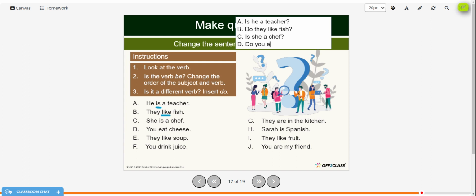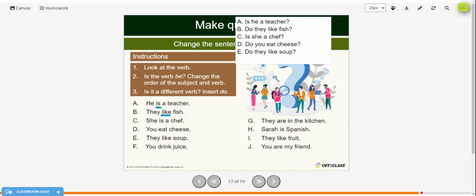Do you eat cheese? Okay, letter E, they like soup. Like is the verb. It's not a form of to be, so the question would be, do they like soup?